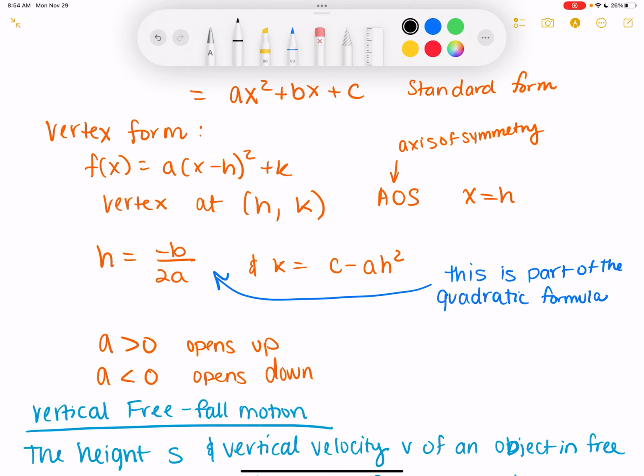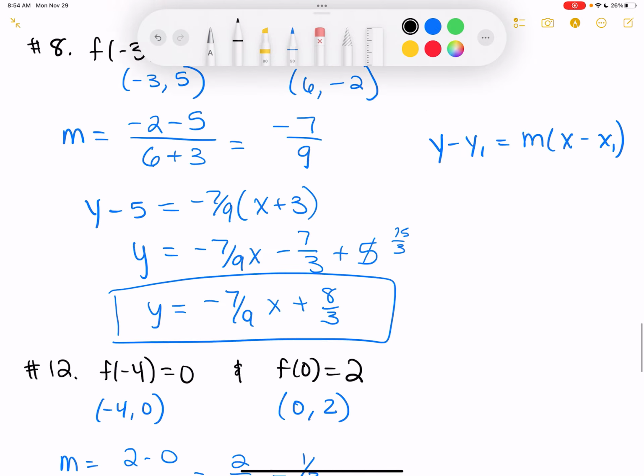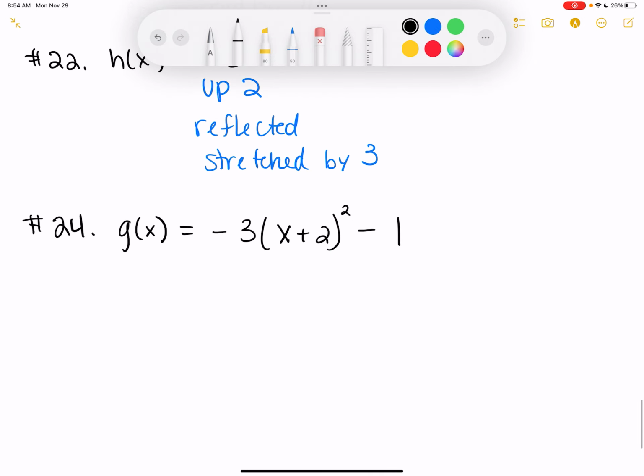Alright, so vertex form is a times x minus h squared plus k, making the vertex (h, k). But remember, the signs here have to look like this. The first one has to be negative, the second one has to be positive for it to just be the numbers h and k. So when I write the numbers down, I need to change the sign of them.